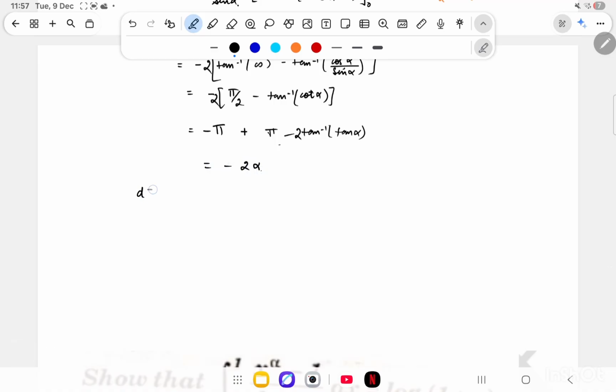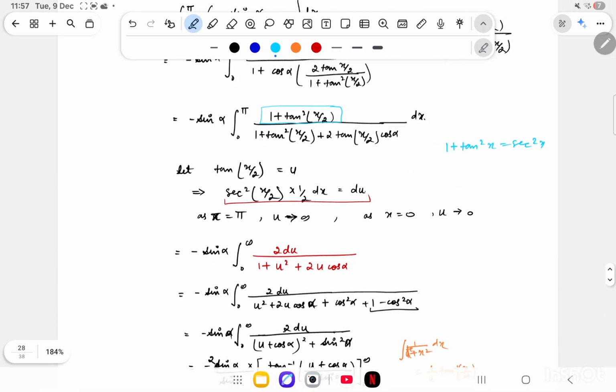Now what I got is dI by d alpha as minus 2 alpha. So from here, if we need to evaluate the value of I, I need to integrate it with respect to alpha. So I will be equal to minus alpha square plus c. Now we need to evaluate this constant c as well.